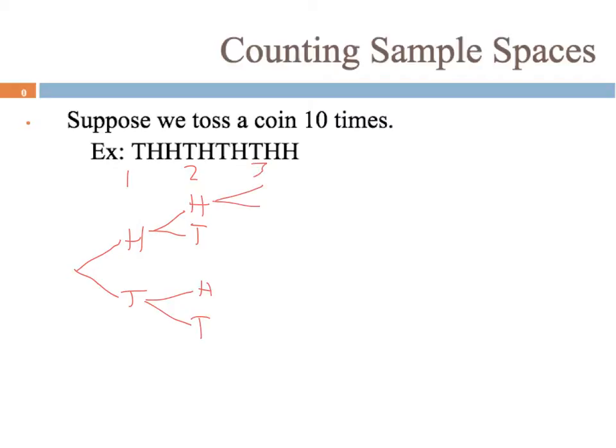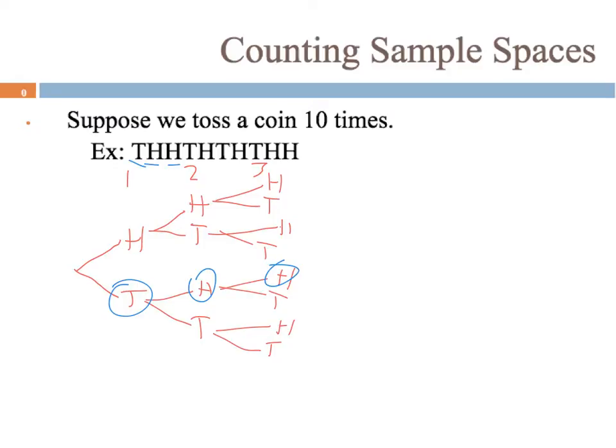Branch out from there. Heads, tails. Heads, tails. So you get the idea. It kind of branches out just like a tree. And in this particular example, it would be tails, heads, and then heads just following everything up here. But this is going to take us a while if we wanted to see all the possibilities.